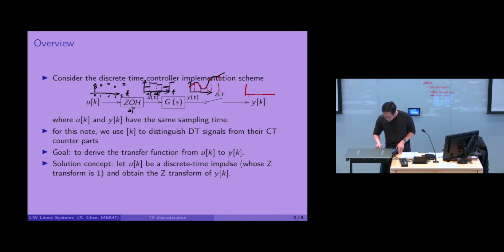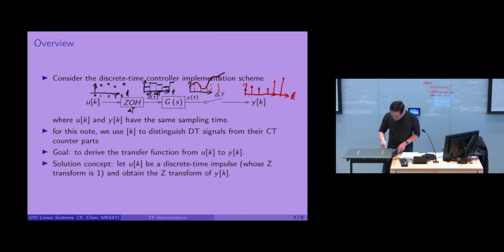And in the end, it looks something like this, let's say, for example. It is a discrete time signal, it has values only at time index k equal to 0, 1, integer values, etc. The focus is to derive, on top of this continuous time transfer function, the zero-order hold, and the sampler over here.